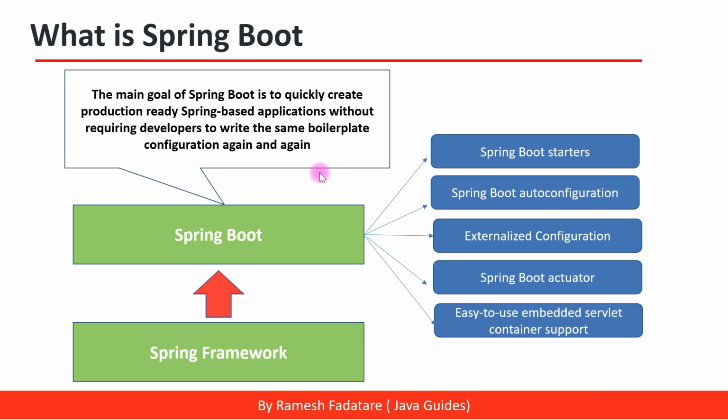So whenever we run our Spring Boot application as a standalone, it will run in the default embedded Tomcat server on port 8080. We don't need to create an external WAR file and deploy it to an external Tomcat server. We can make a JAR file of the Spring Boot application and run it as a standalone in the embedded servlet container easily. So these are the key features that Spring Boot offers.